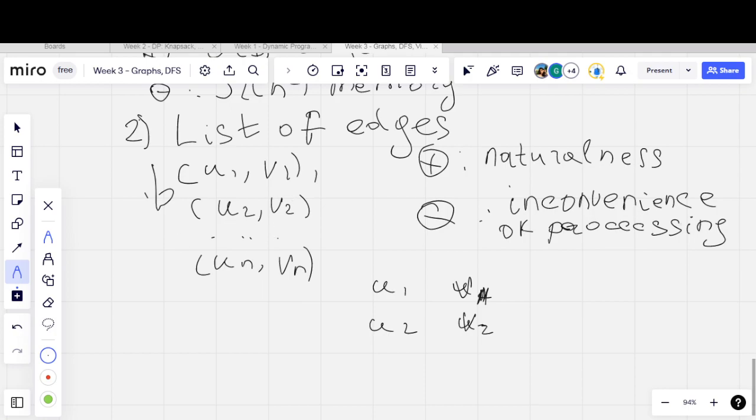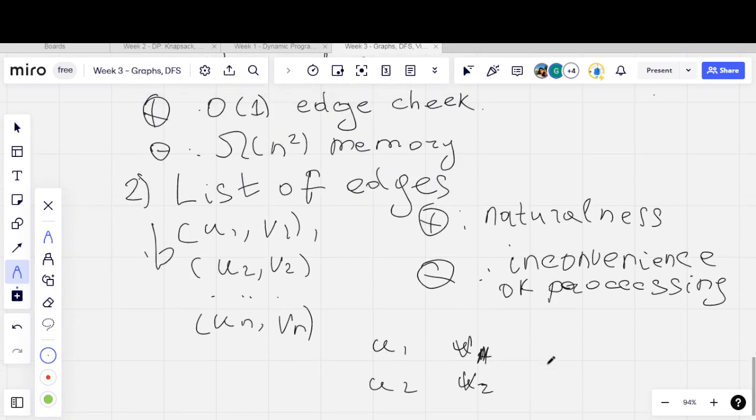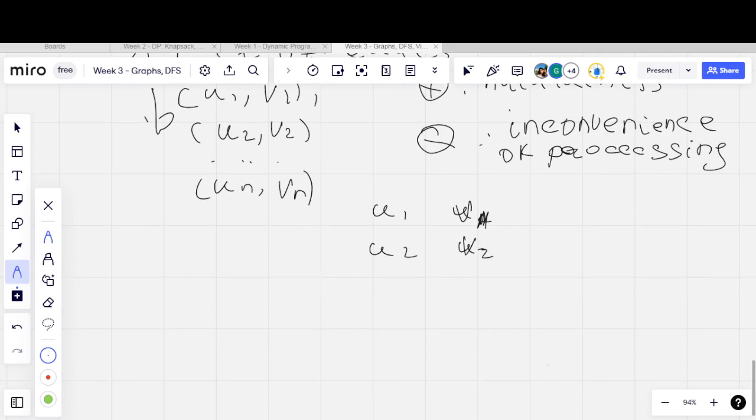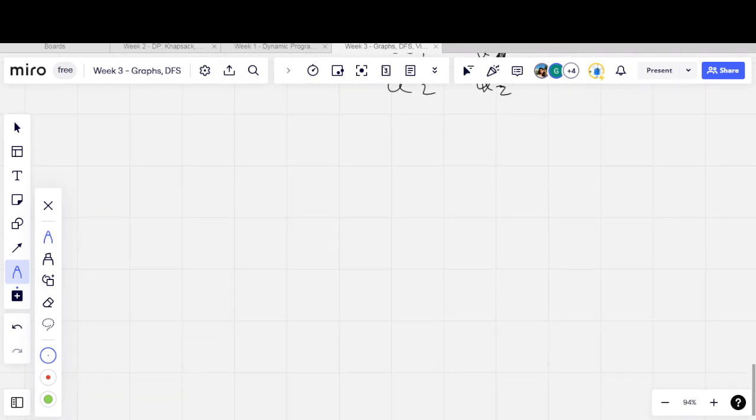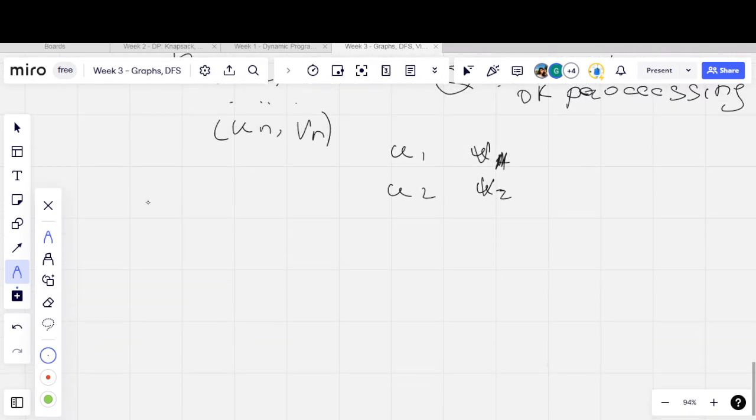It will be O(n), and it's very inconvenient. I don't know where the list of edges is used, but usually we will use adjacency list.